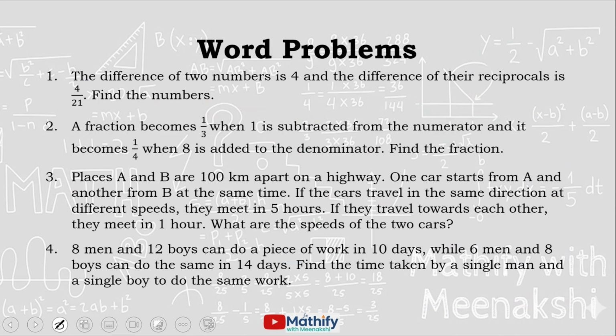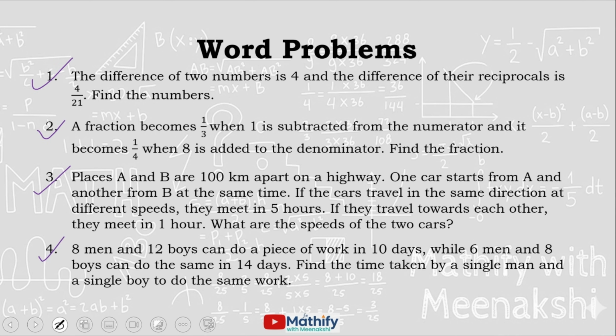Now let's come to the last topic, word problems, which students usually find difficult. So I have included 12 most important word problems based on: first, difference of numbers and their reciprocal. Second, fraction. Third, relative speed when cars are moving in the same direction or in opposite direction.